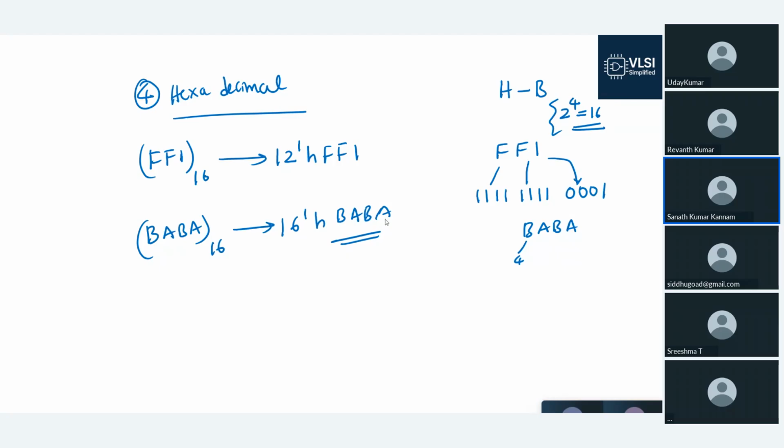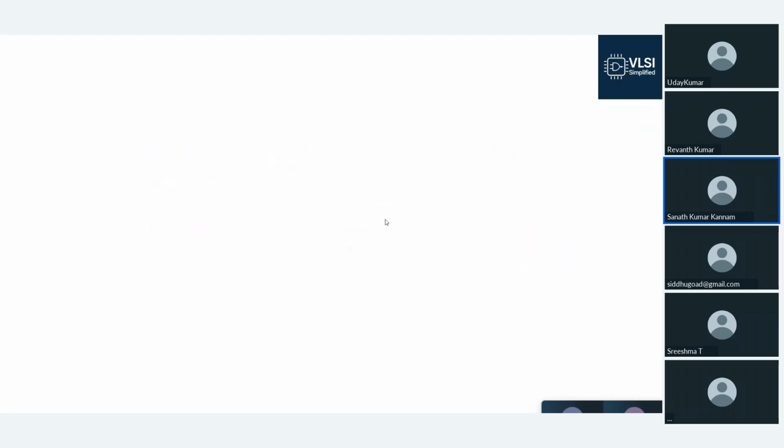Suppose in binary the size is missing. Suppose tick binary 0110. What is the size? By default, the compiler will take the size as 32 bits.